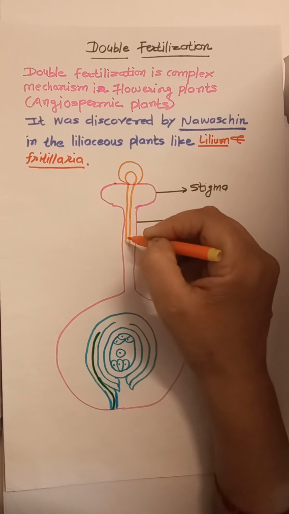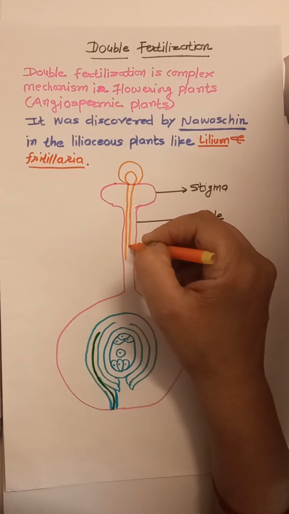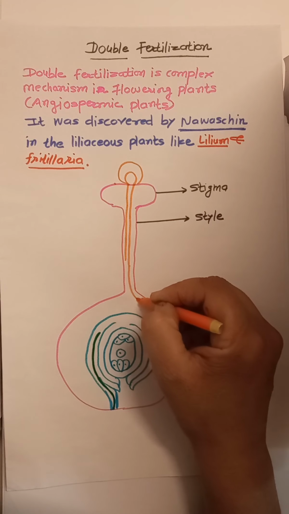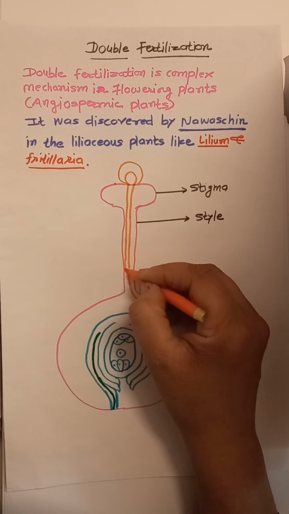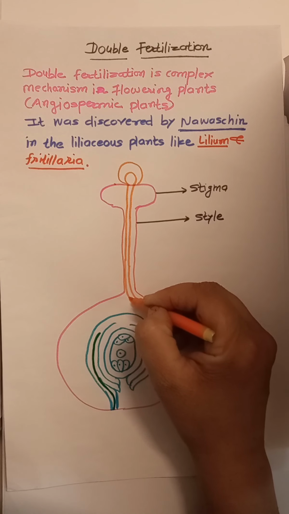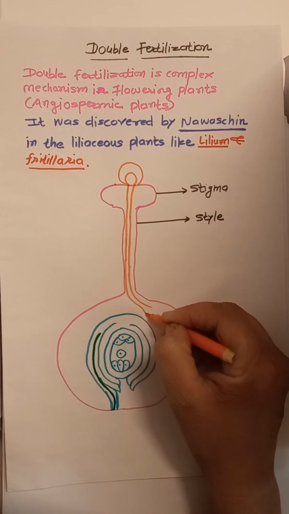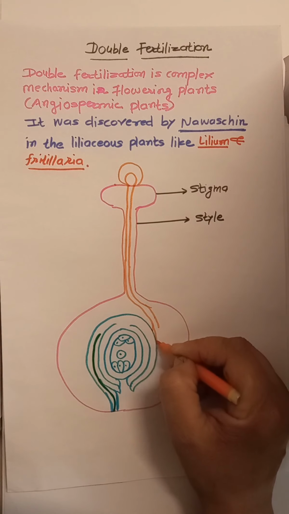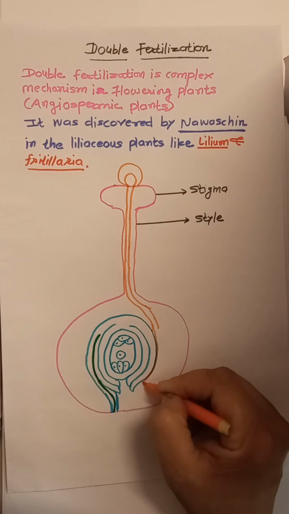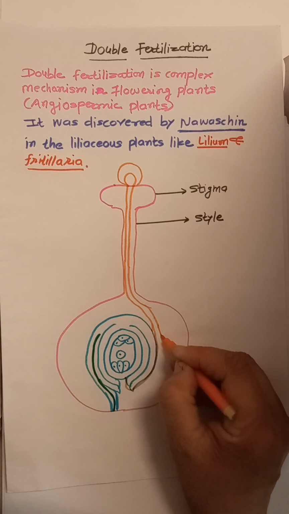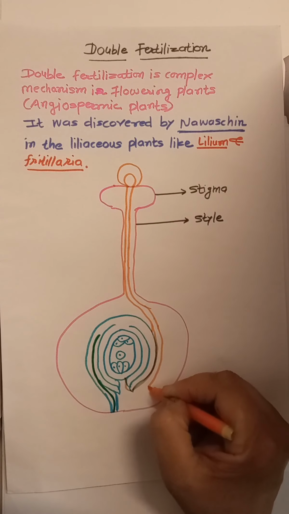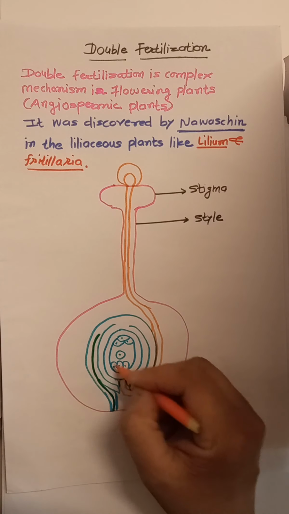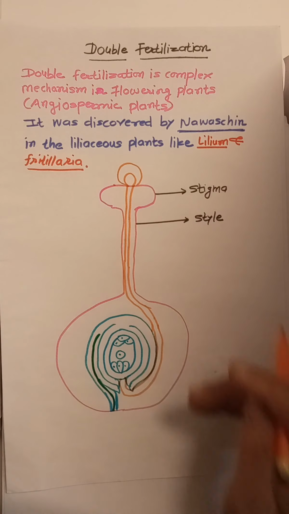This pollen tube enters into the ovule through stigma, style, and then it enters in the ovule. See, this is pollen tube. Generally, pollen tube enters in the ovule through micropyle. So see, pollen tube enters into the ovule through this micropyle.